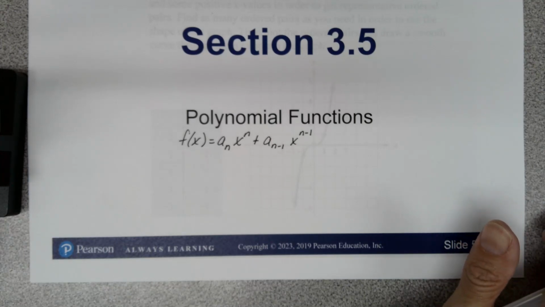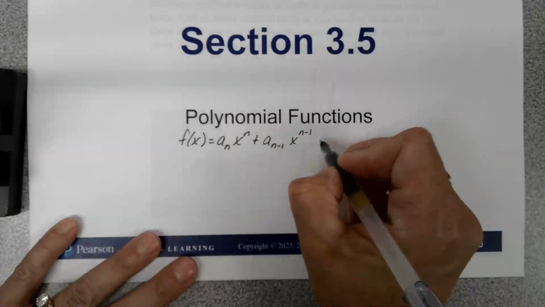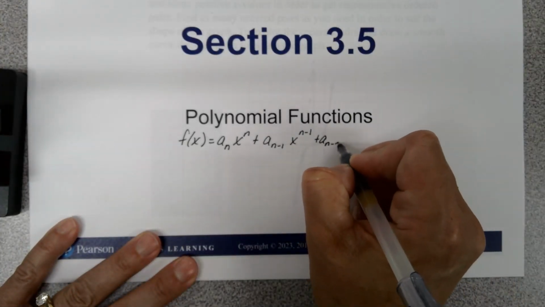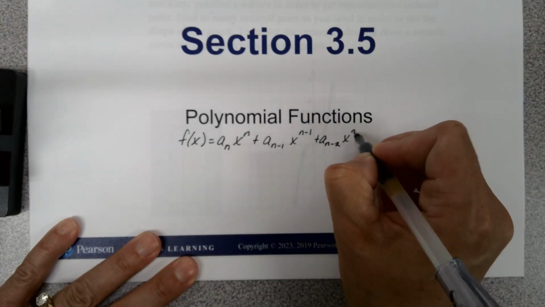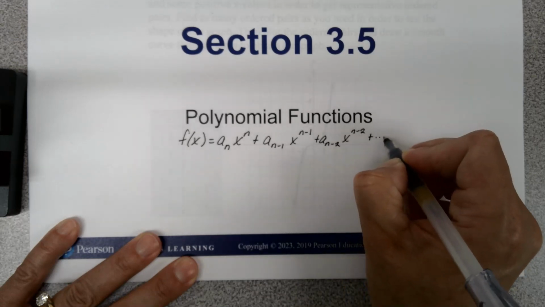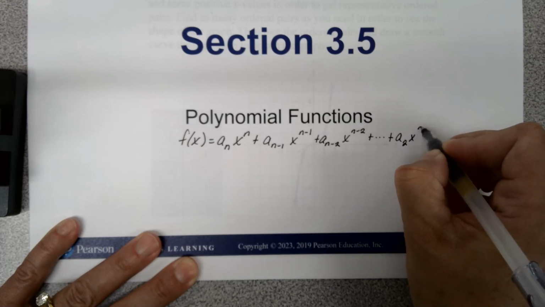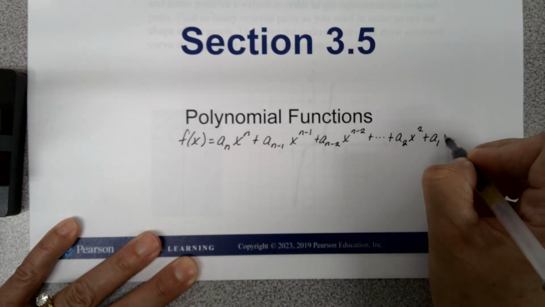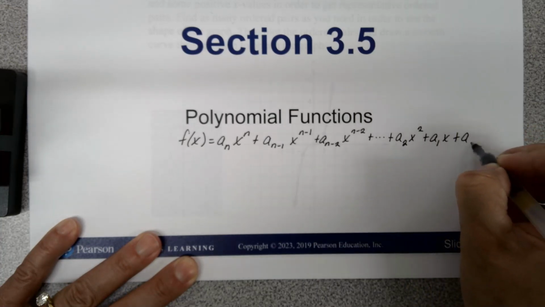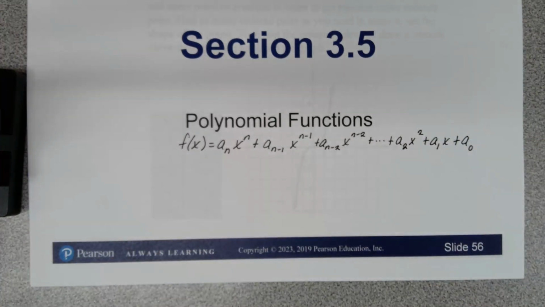We had an x squared, then an x to the first, and then your x to the 0, which is your constant. So continuing the pattern, a sub n minus 2 times x to the n minus 2, all the way down to an a sub 2 times x squared, plus an a sub 1 times x, plus an a sub 0 times x to the 0. So that is mathematically, generically, how you write a polynomial.